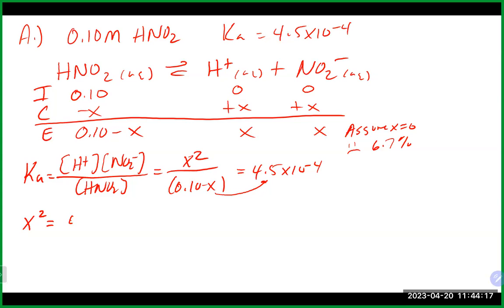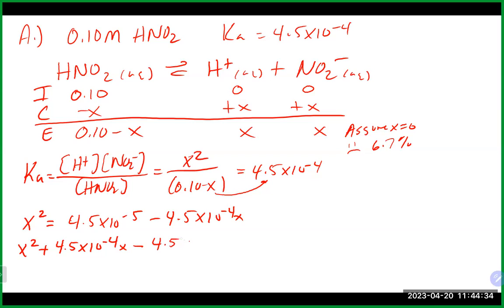Going to give us 4.5 times 10 to the minus 5 minus 4.5 times 10 to the minus 4x. Bringing everybody to the same side, x squared plus 4.5 times 10 to the minus 4x minus 4.5 times 10 to the minus 5 equals 0. That obviously is our A, B, and C here for our quadratic.